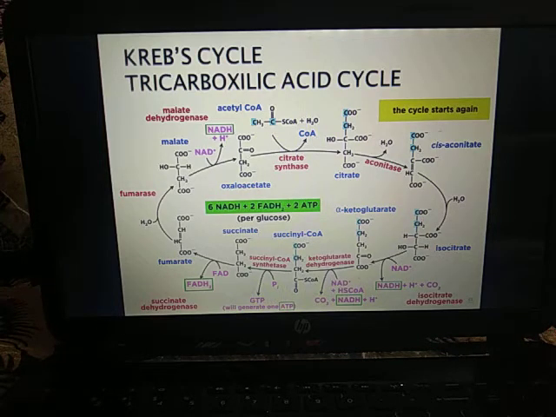Now it is the first product of the Krebs cycle, and coenzyme A is liberated.